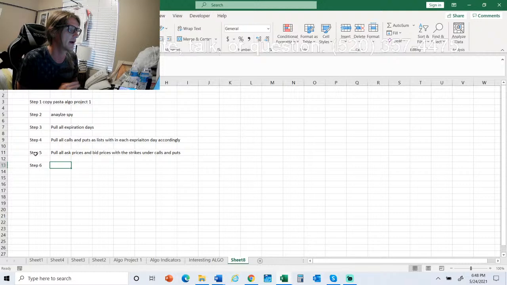Okay, so now I pulled the ask prices and the bid prices with the strikes under the calls and the puts.